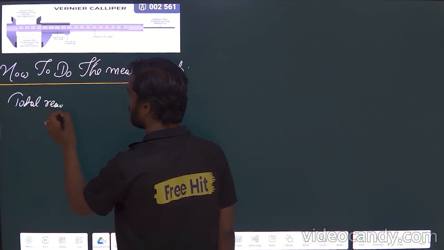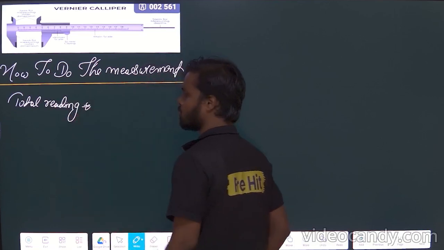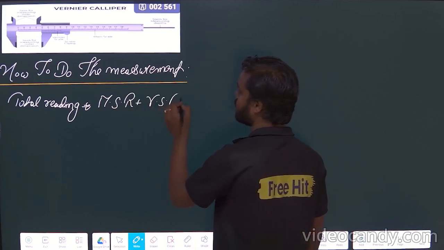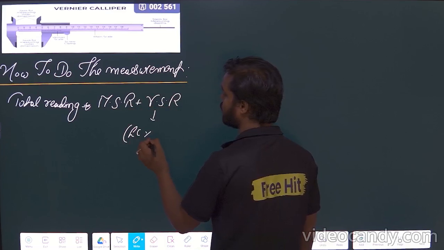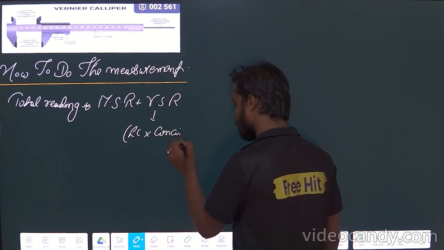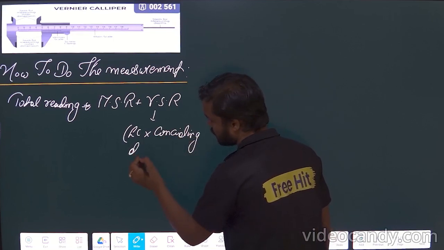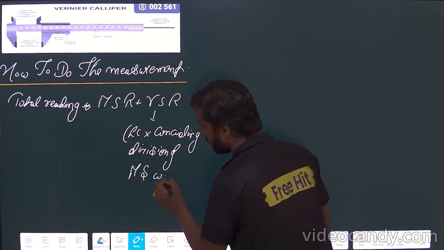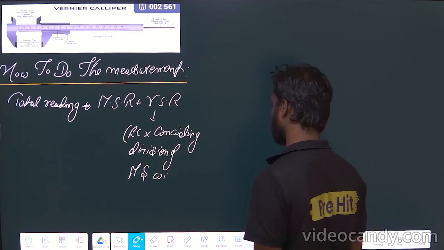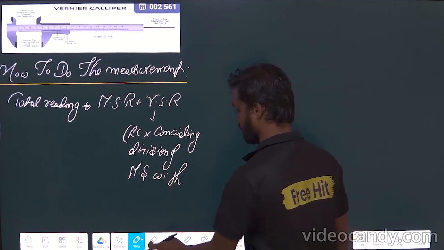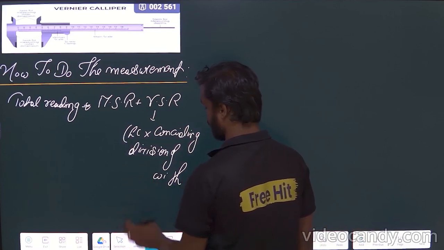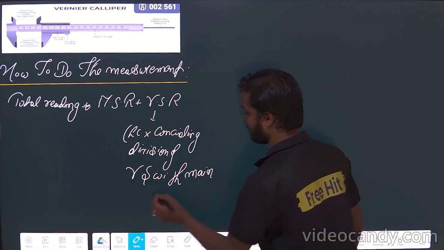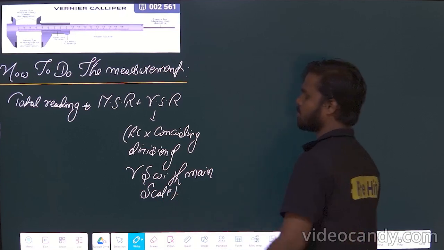Total reading is equal to main scale reading MSR plus vernier scale reading, and that is equal to least count into the coinciding division of the vernier scale with the main scale. That is the thing you have to write.